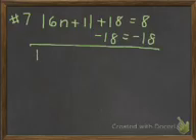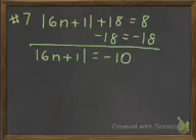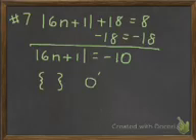And this leaves us with the absolute value of 6n plus 1 is equal to minus 10. But you know that the absolute value can never be a negative number. So this equation has no solution. We write either empty braces meaning empty set, or this symbol meaning no solution.